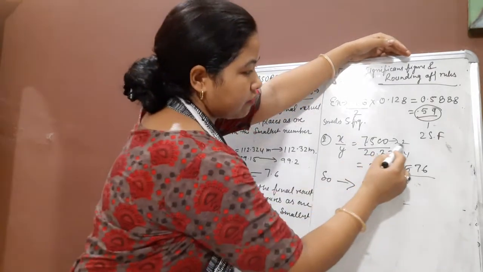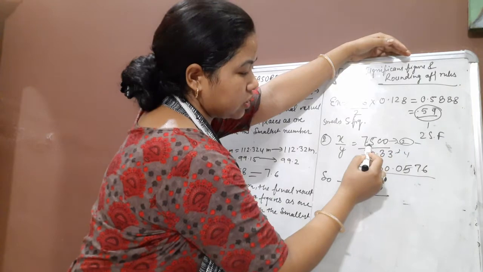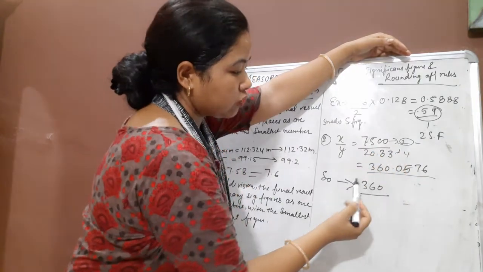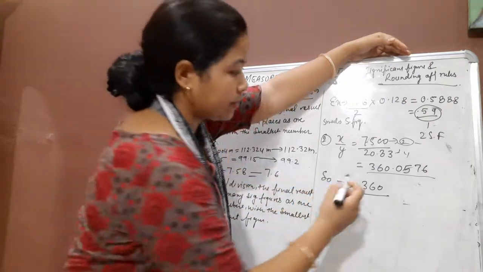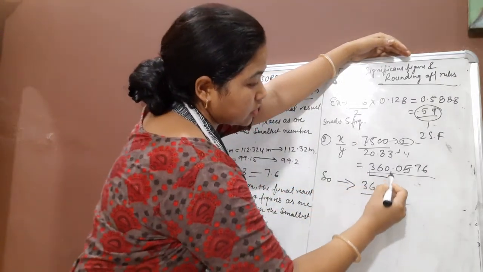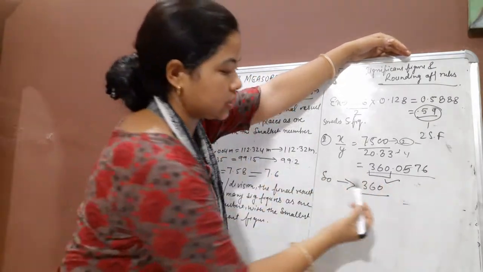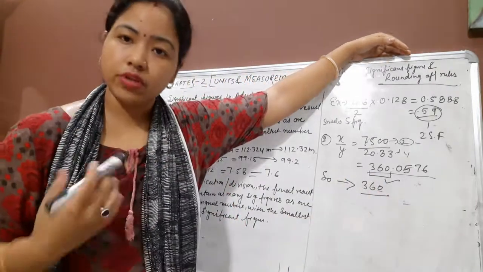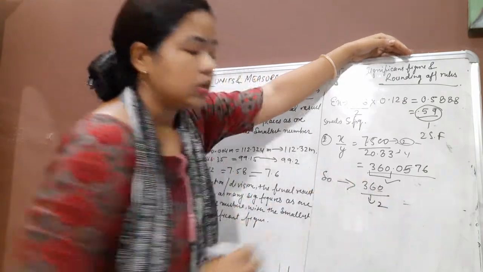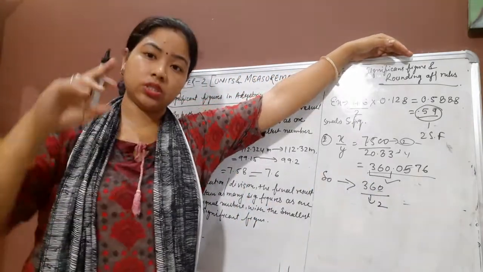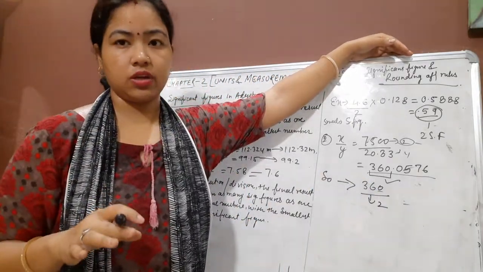So the least significant figures are in the numerator, that is 2. So we will count the significant figures up to 2 digits only. That means we will take 360 only, and the 0 after is not counted as a significant figure. That's why we are only having 2 significant figures here by the initial rules of significant figures, right.